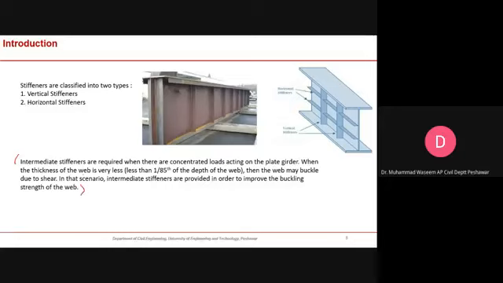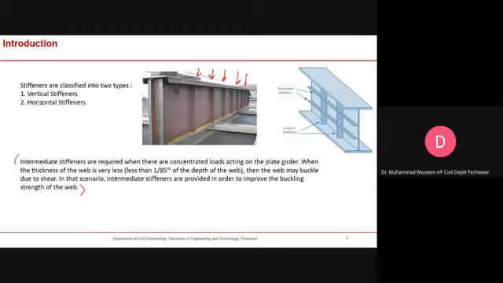Intermediate stiffeners are required when there is a concentrated load acting on the plate girder. Like this, like this. Intermediate stiffeners, in order to prevent buckling or to increase the integrity of this section, you also have to provide these vertical stiffeners.